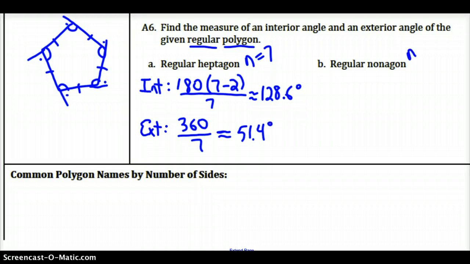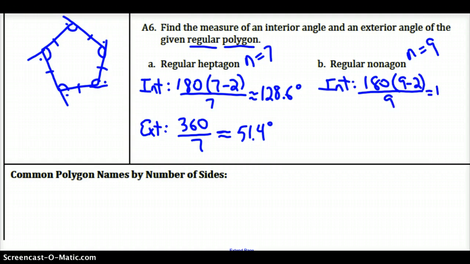Similarly, a nonagon is 9 sides. Again, my interior is going to be 180 times 9 minus 2, all divided by 9. That comes out to be exactly 140 degrees. My exterior, 360 divided by 9 is 40 degrees.